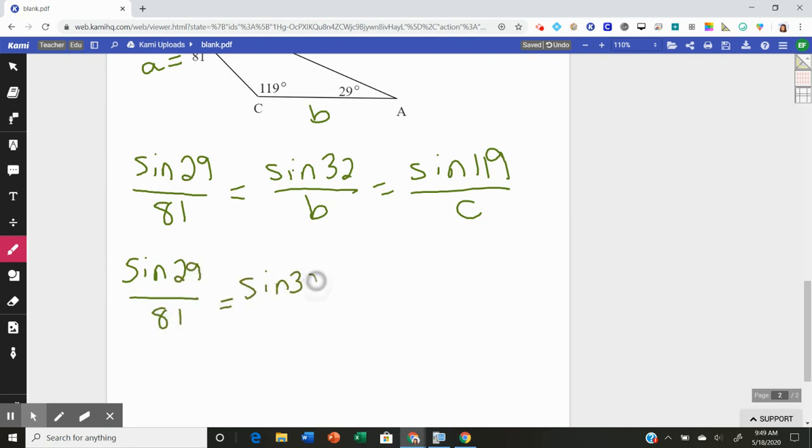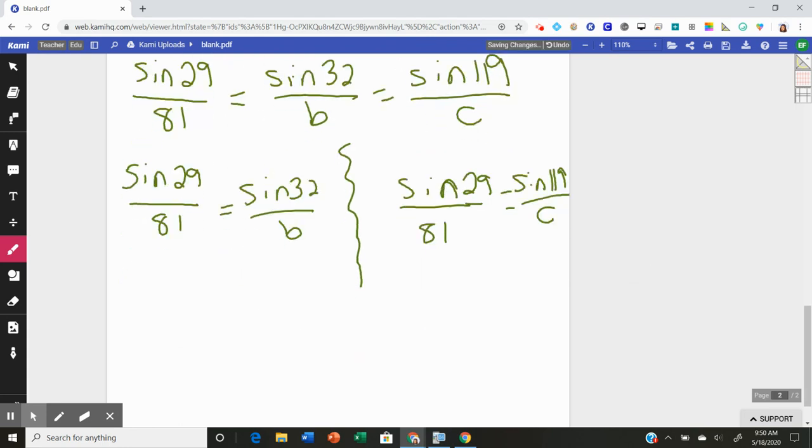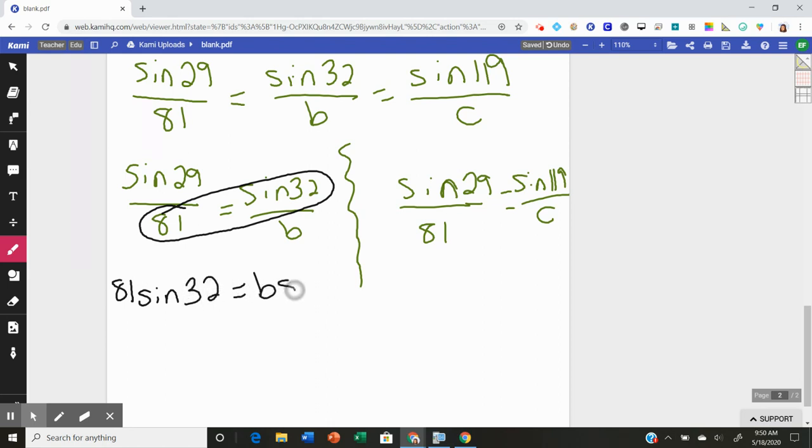Let's take a look at B first. And then separately, so you make yourself a little line, sine of 29 over 81 is going to be equal to the sine of 119 over C. All right, so again, when we cross multiply these guys together first, I get 81 times the sine of 32 is equal to B times the sine of 29.